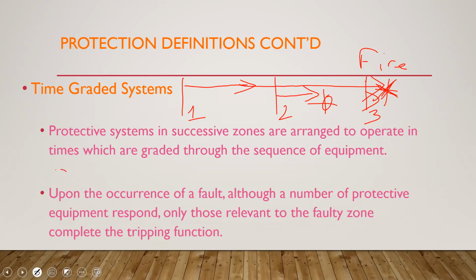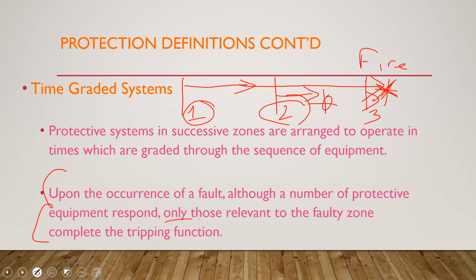So what we're saying here is that when a fault occurs, a number of protective equipment will respond, which is why 1 also responds along with 2. So everybody responds.